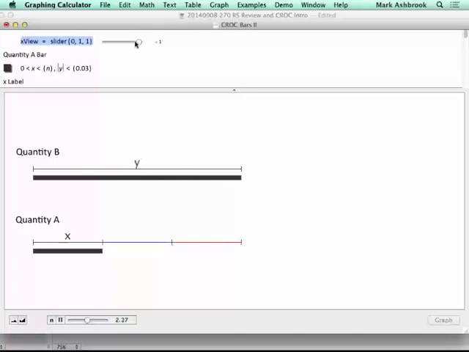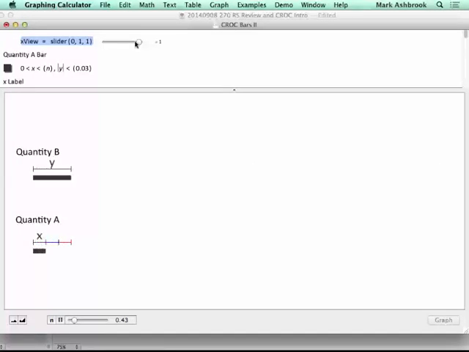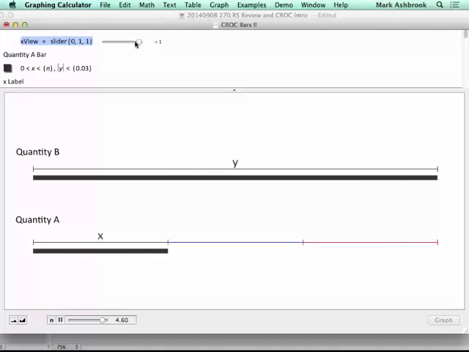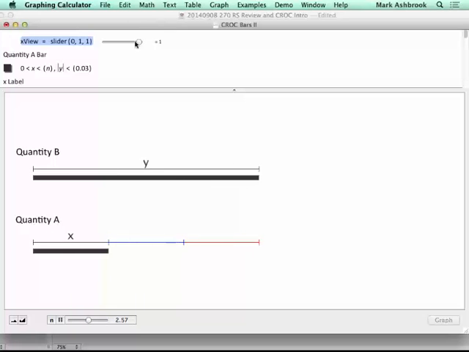So this should help you see more precisely the size of B relative to A. So you should be saying 3. What would be an exact representation of that relative size besides the number 3?